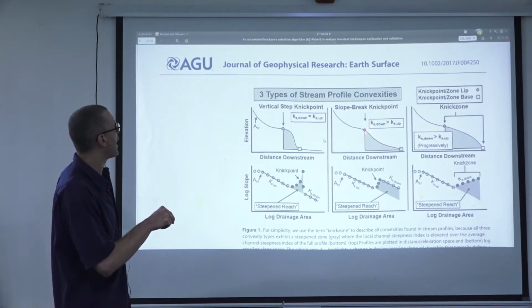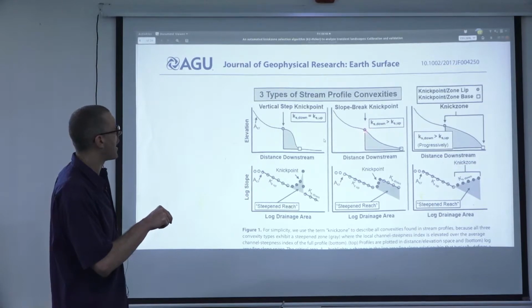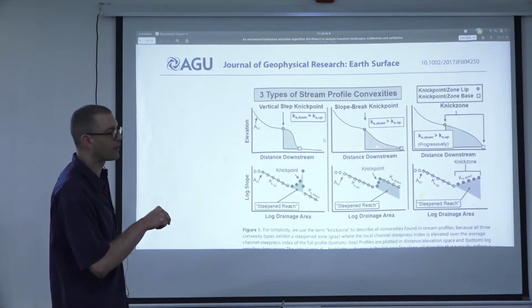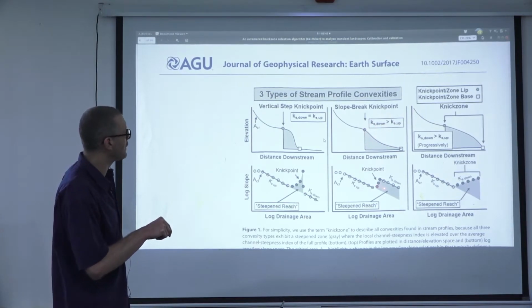If you have something that is more related to a landslide, you would have a much more rapidly declining profile. You see the convexity of this is different, right? This is more concave, this is more convex, right? So this is something that is related to a landslide where we would then see, for example, a step in the Ks values.